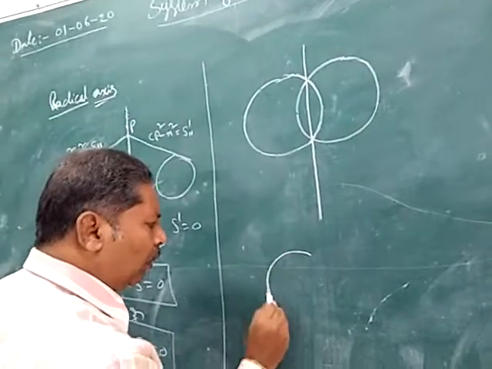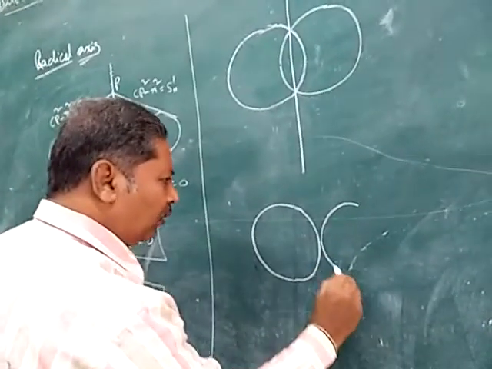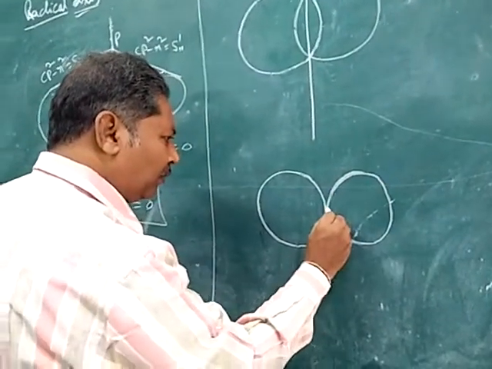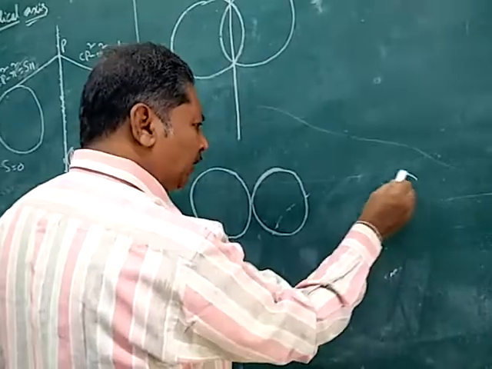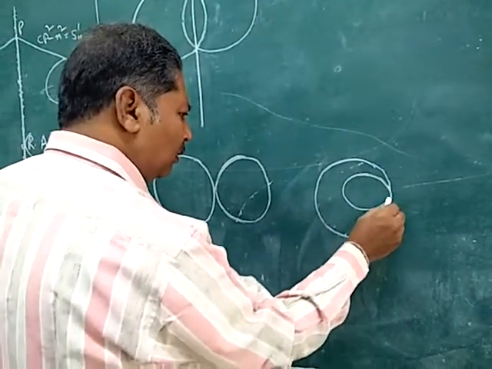Suppose the given two circles touch each other, either externally or internally.